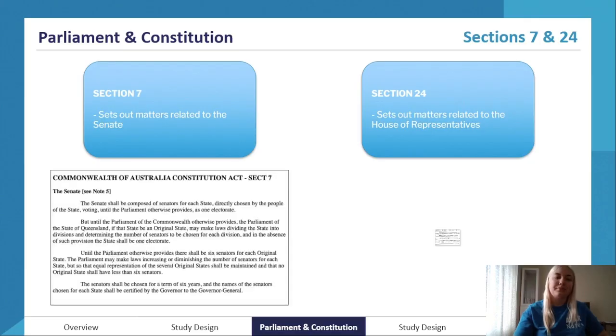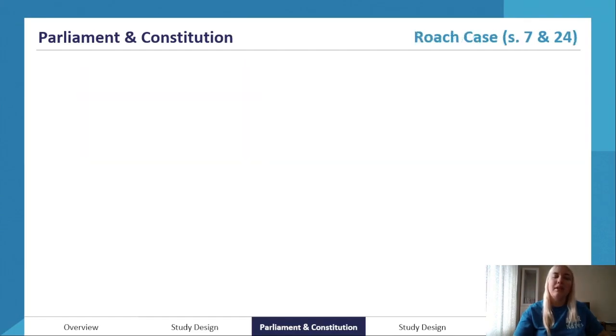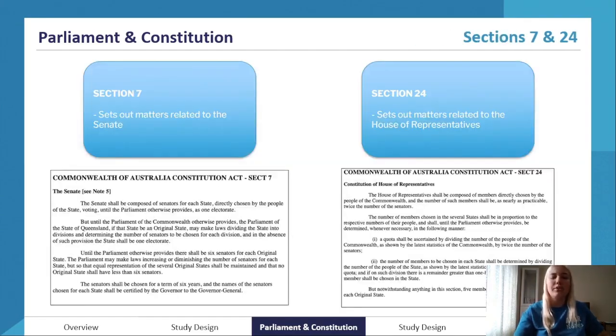Okay. So lastly, just a couple of sections of the Constitution for you. Now we're going to be looking at the High Court cases relating to state and Commonwealth lawmaking powers. So remember, you just need to know one example, but out of interest, we'll look at a few more. I've just got section 7 and 24 here because it relates to the next case that we're going to look at.